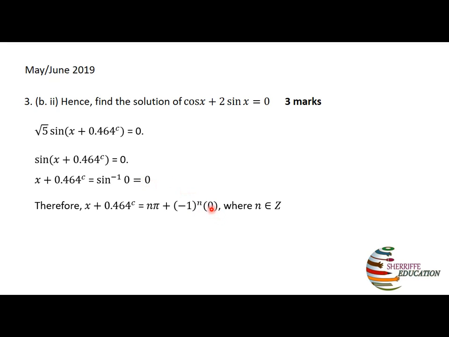In this case, lucky for us, it's 0, so it works out a little easy. So here x is equal to n pi minus 0.464 radians. So we just transpose, and of course n is an integer, so n belongs to the set of integers, and that would be our solution.